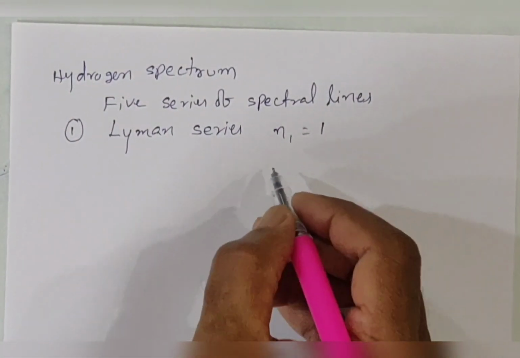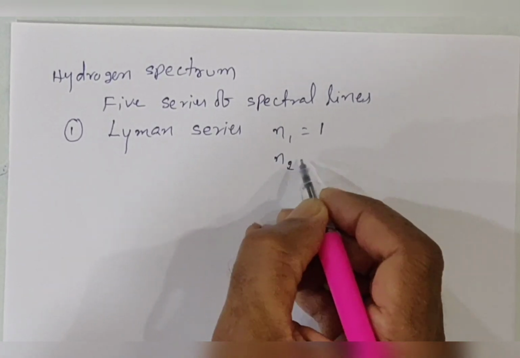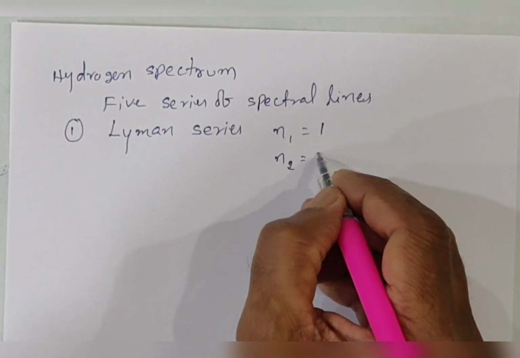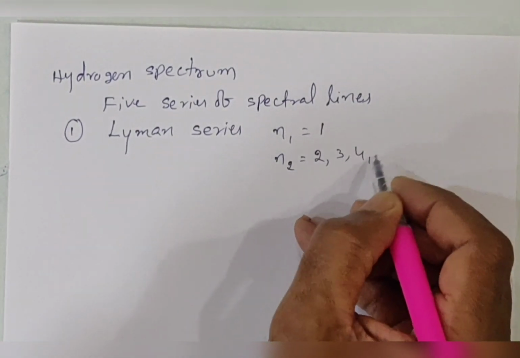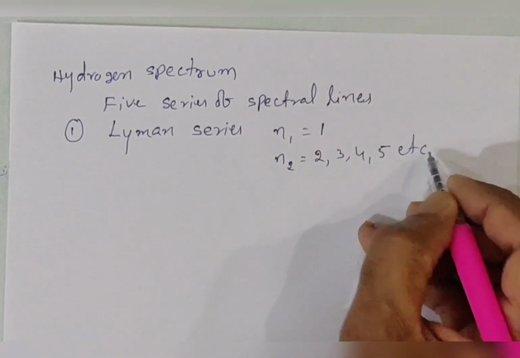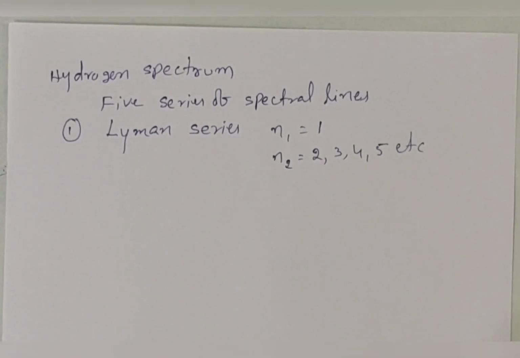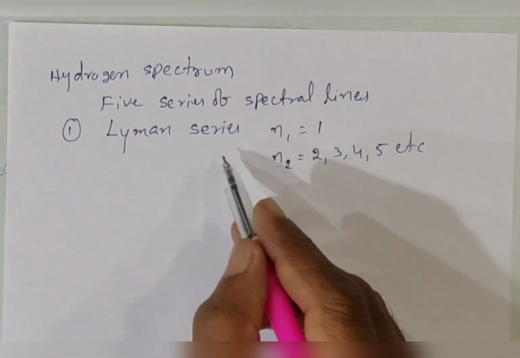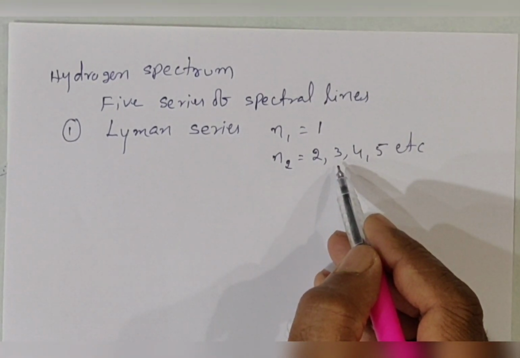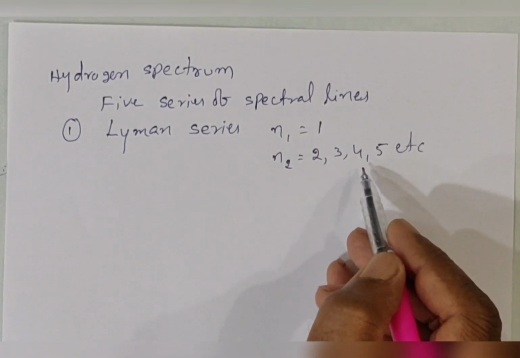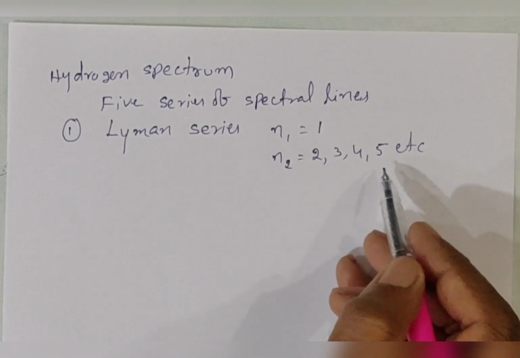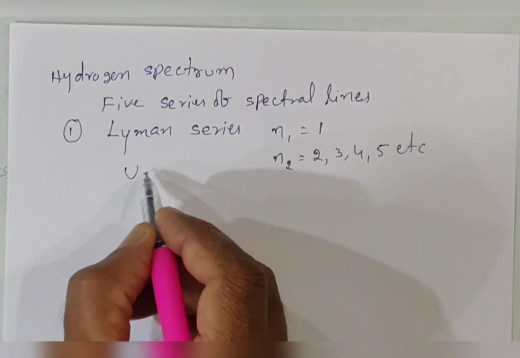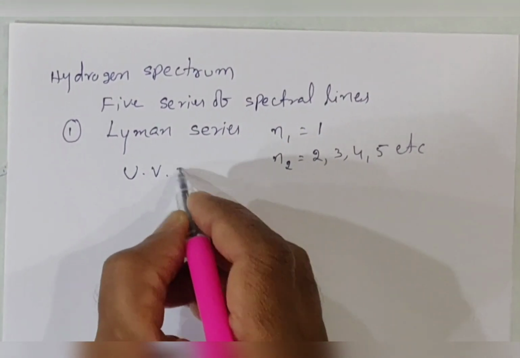N2 takes the next numbers: 2, 3, 4, 5, etc. N2 equal to 2 means the first spectral line in the Lyman series, N2 equal to 3 means the second spectral line, 4 means third, 5 means fourth, like that. These lines appear in the ultraviolet region.